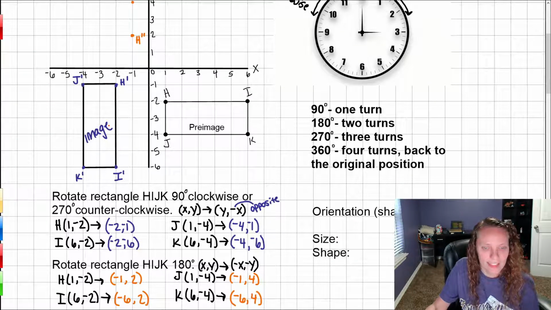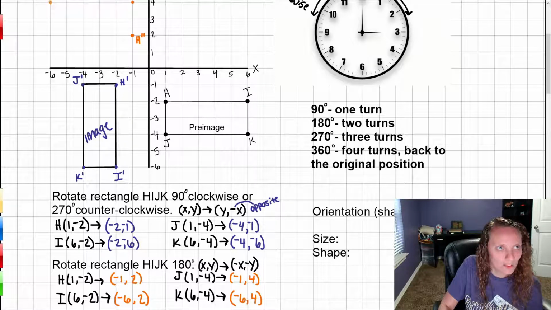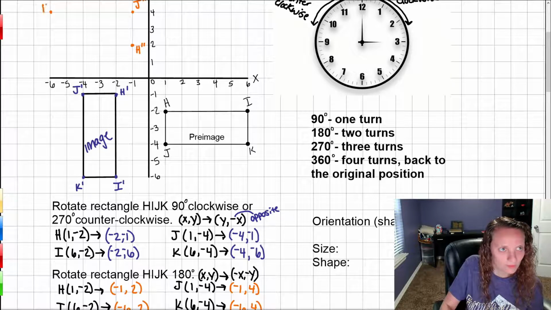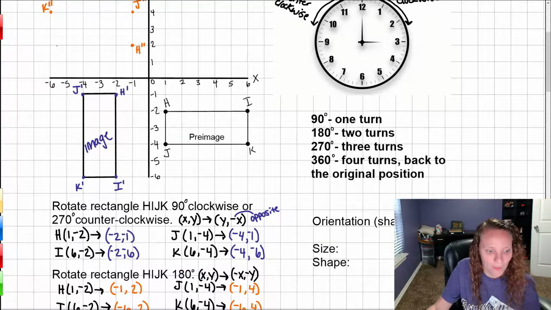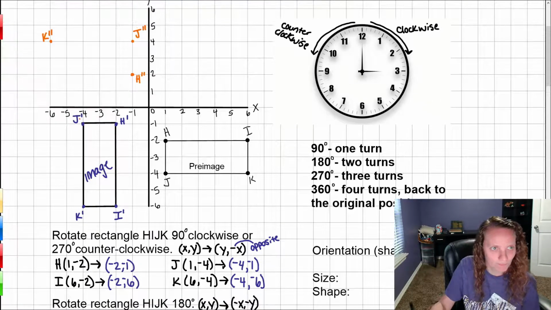K is at -6 up 4, so -6 up to 4, and this is called K prime. And then we have I at -6, 2.